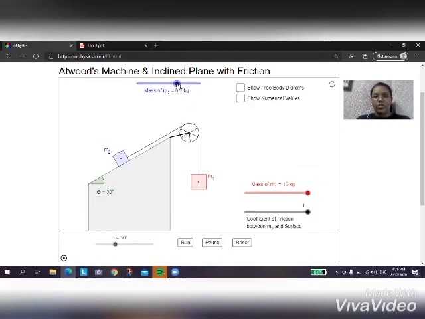I decrease more to 6 kilograms, and it's moving. So I have to decrease the mass of M1 in order to stop it moving. I set M1 as 8 and it is not moving.